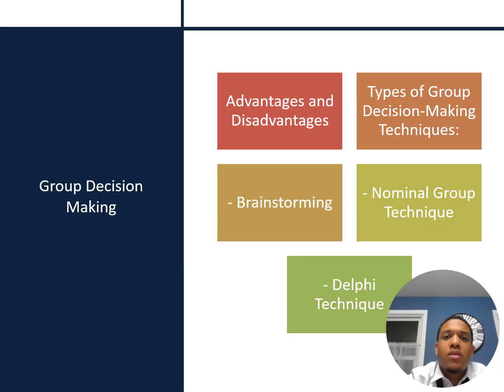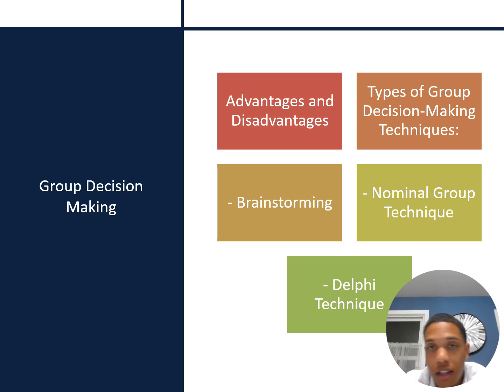So, group decision making can lead to better outcomes through diverse perspectives and shared knowledge. As spoken in the previous presentations, techniques like brainstorming encourage the free flow of ideas without criticism, fostering creativity.